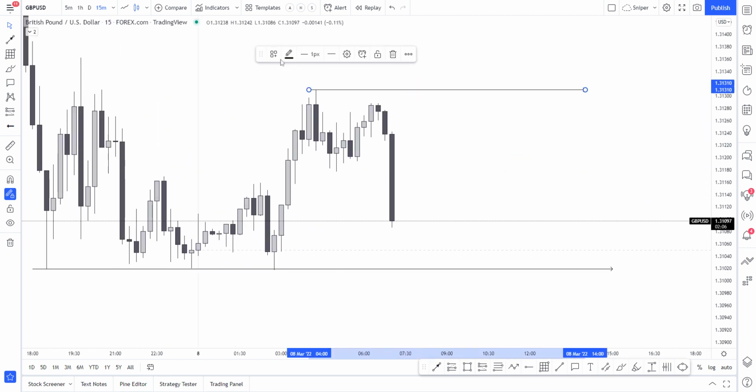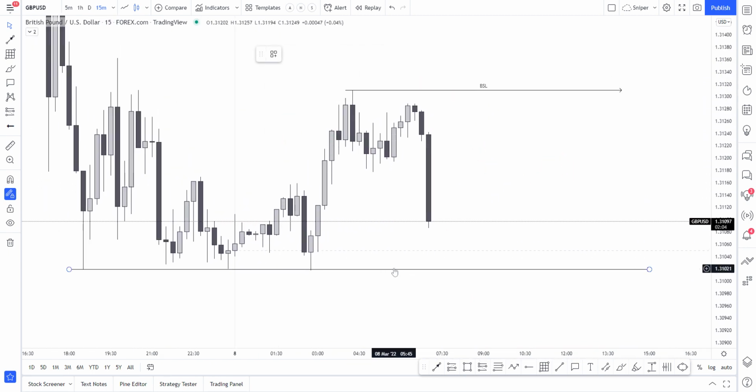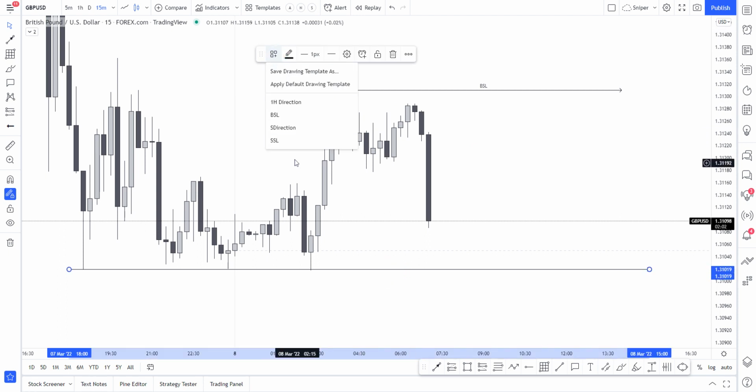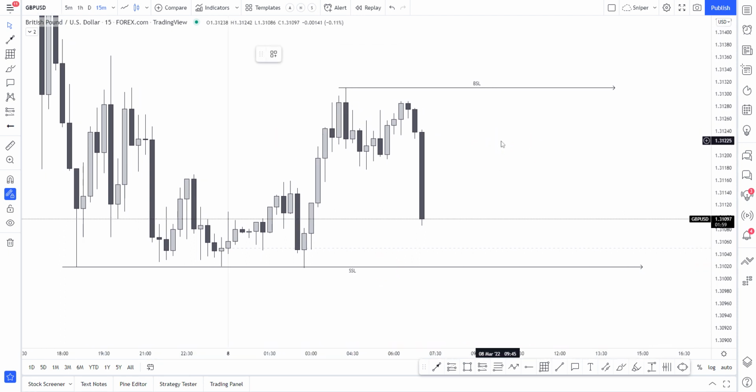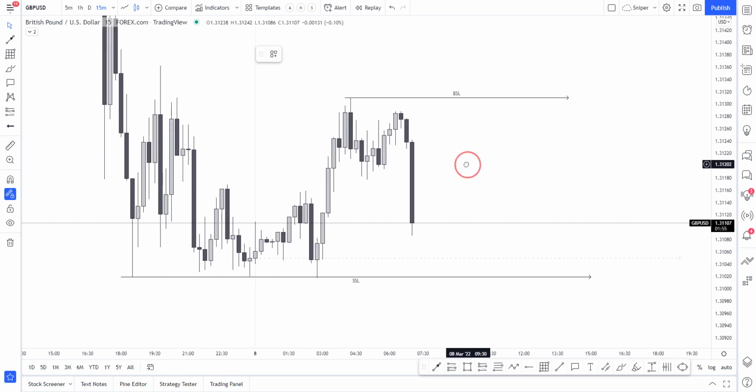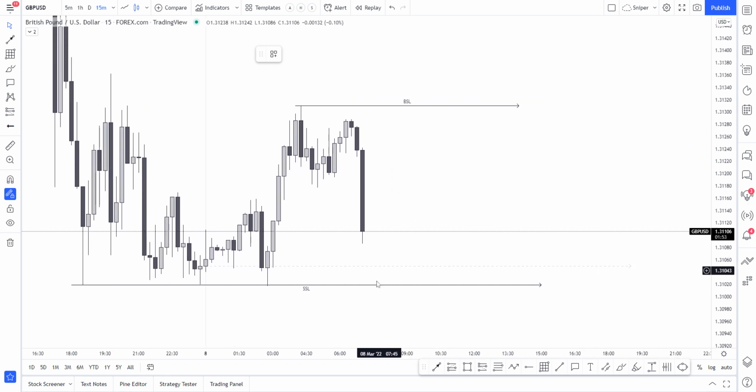So how I would mark this out now, this is my buy side liquidity and this is the sell side liquidity. What this means is the price could be drawn to either one of these areas. What we can also anticipate is for price to create a pullback, create a new lower high, and then a further continuation towards the downside.